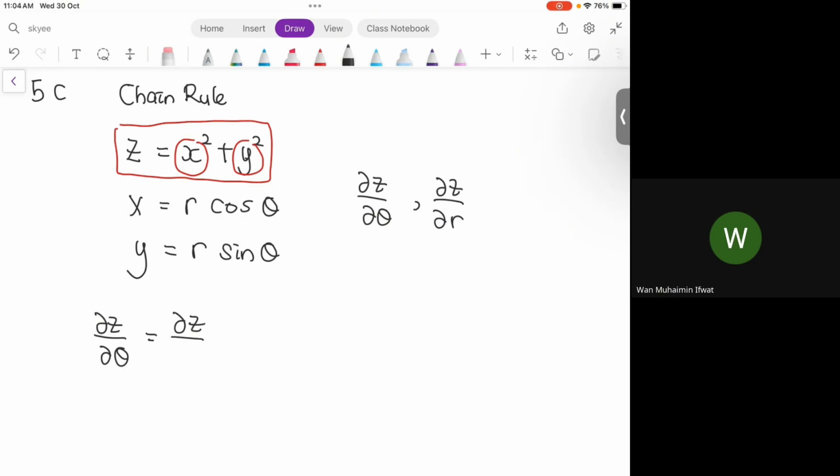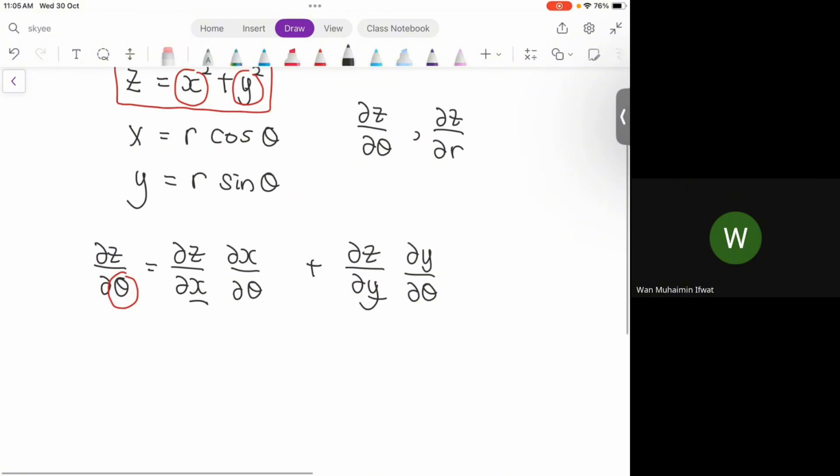So you are going to have an x section here, del z del x, and a y section here, del z del y. After that, copy back: if this is x, write down del x here, and if this is y, write down del y, and then copy back theta, so it will be del theta. This is how you form the chain rule equations.